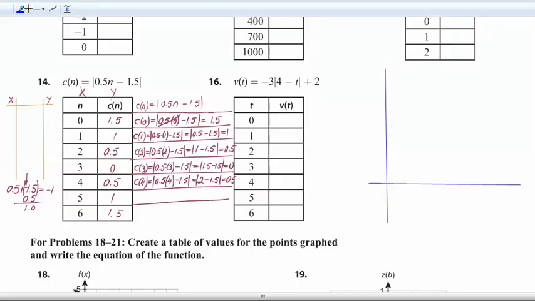Now we have y, which is your C of n, and this is the x-axis, which in this case will represent the value of n. N goes from what? N goes, as you can see in this column here, from 0 to 6.